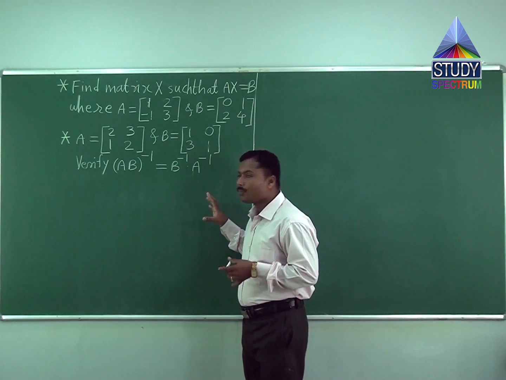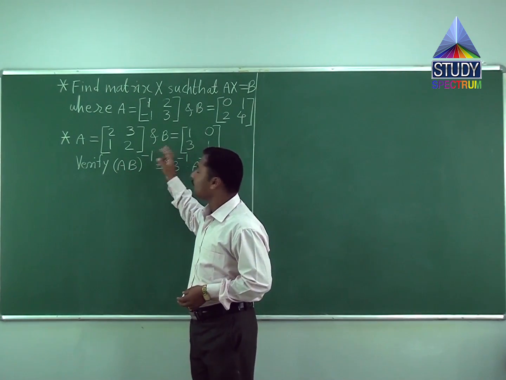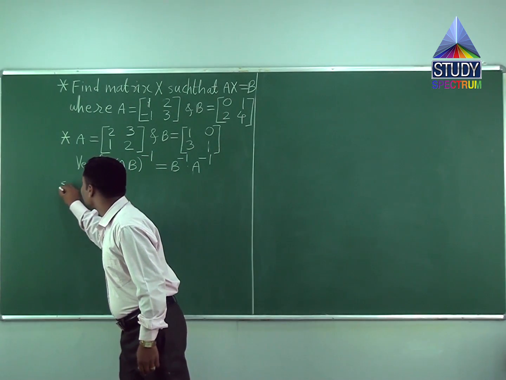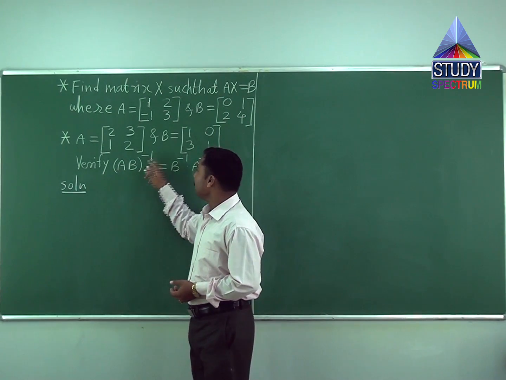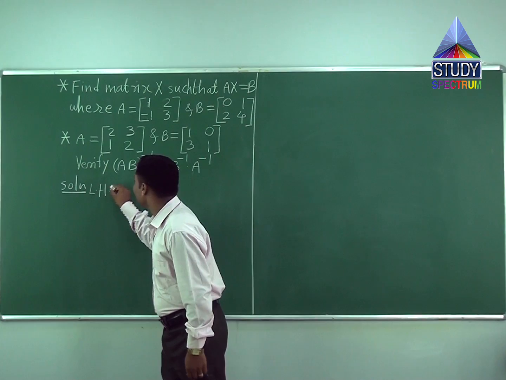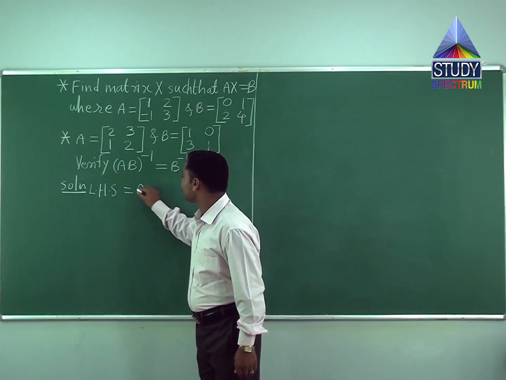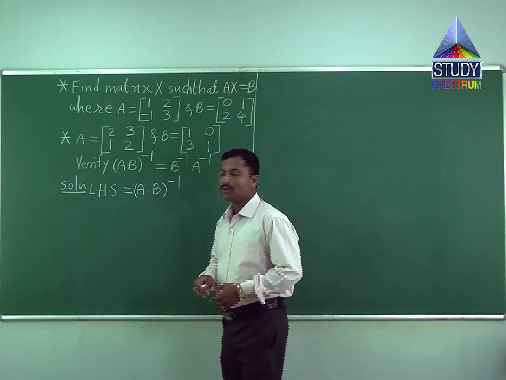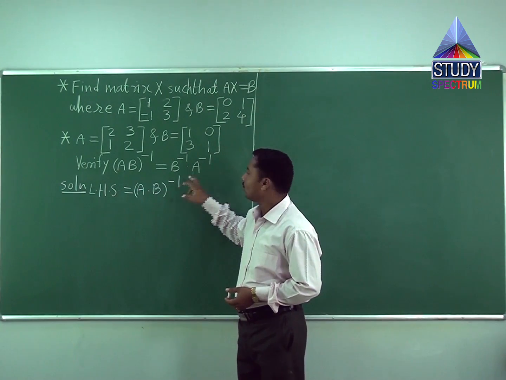Solving this problem, first we find A into B, and then we take the inverse of this A into B. So we take LHS equal to the inverse of A into B.